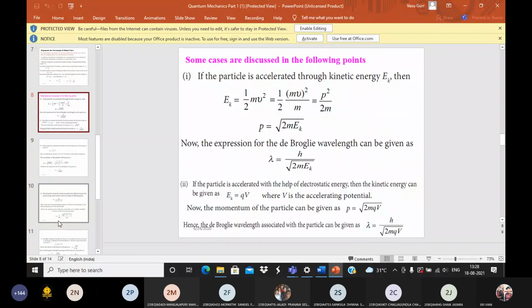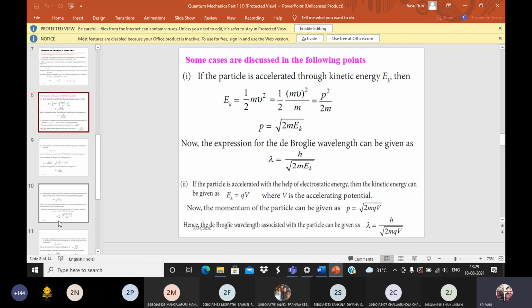H is Planck's constant, and m is the mass of the electron. We have already used these two values in the previous model also. There we had velocity; instead of velocity, here we got kinetic energy. Both velocity and kinetic energy are properties we get when the particle is moving. If the particle is at rest, then there is no velocity, and there is no concept of kinetic energy either.